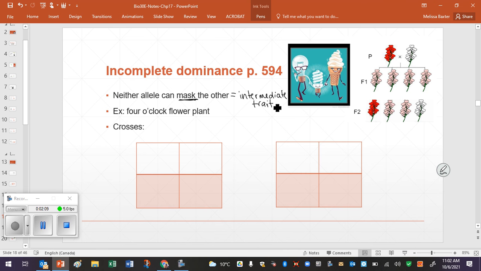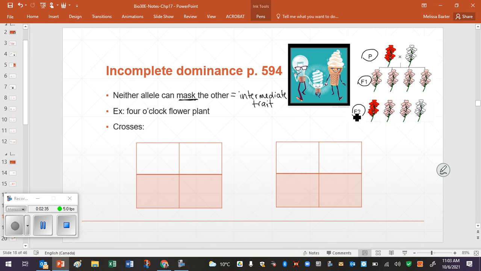Now we're going to use this 4 o'clock flower plant, that's the plant that's in the picture, to illustrate what incomplete dominance would look like. So you can see over here I have my generations labeled as P and F1 and F2. In my parental generation, I have a red flower and a white flower, and all of their offspring are pink.